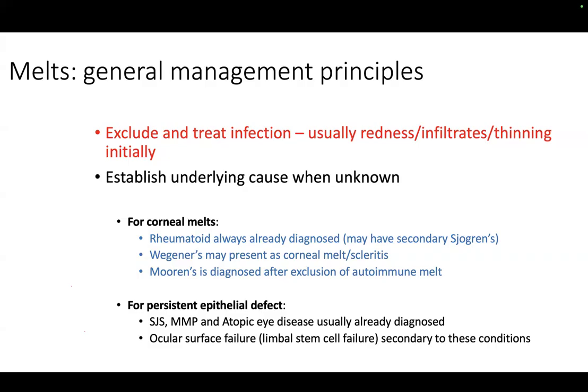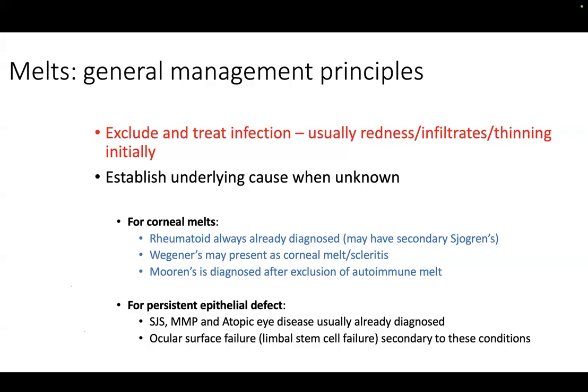So even though the joints may be quiet and everything's controlled from a systemic point of view, we always have to bear in mind that for some reason, the cornea is still susceptible to inflammation in these patients. And so you can see sight-threatening corneal melts in rheumatoid arthritis patients who've not really had problems with their joints for a long time.